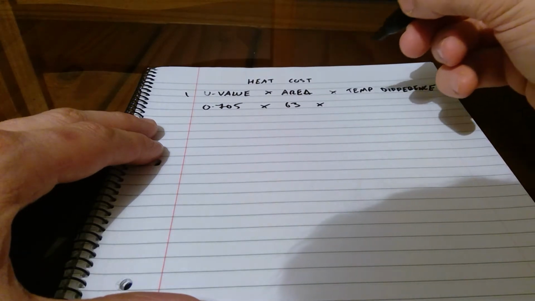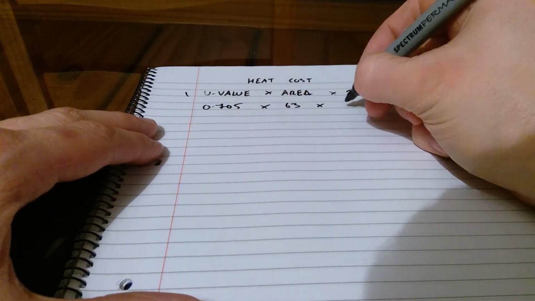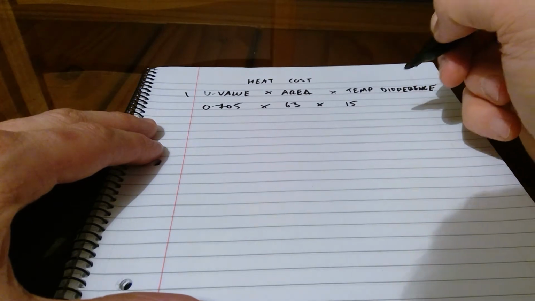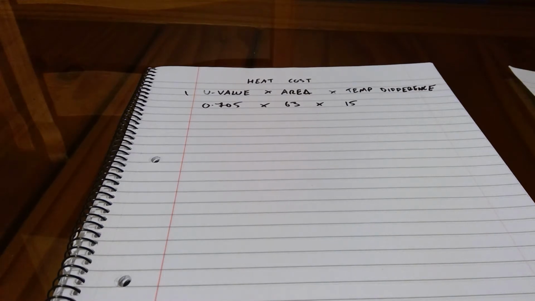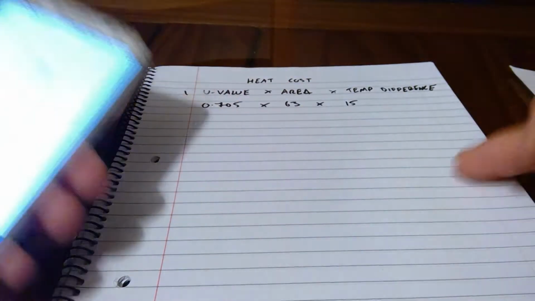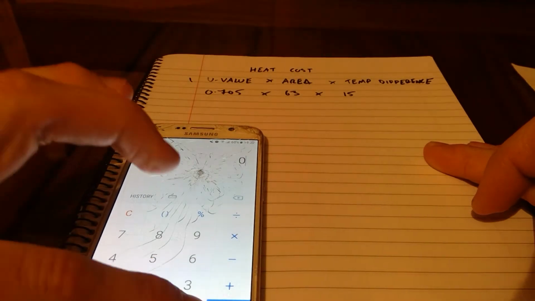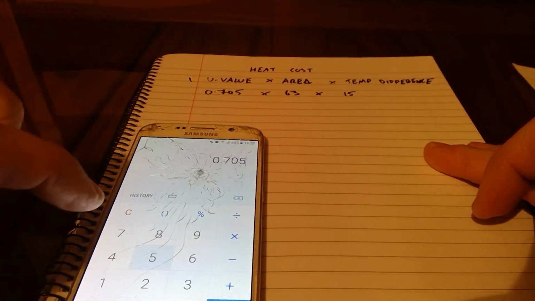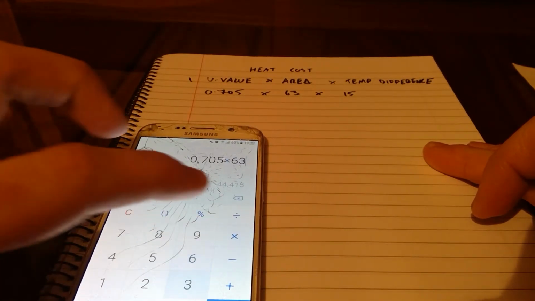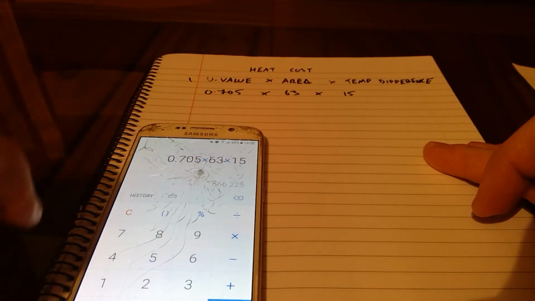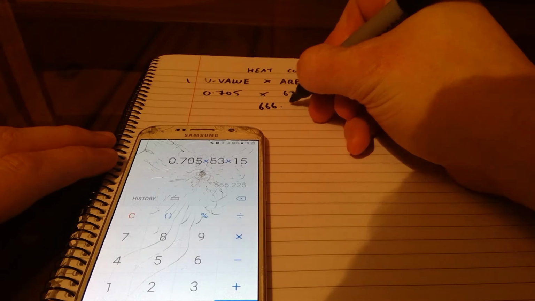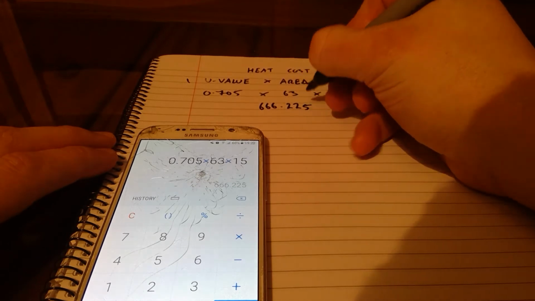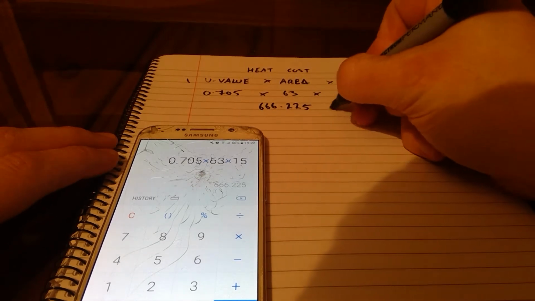And the temperature difference was 20 minus 5, which is 15. Okay, so we'll get our calculator and we will multiply those out. 0.705 multiplied by 63 multiplied by 15, and that gives us a total of 666.225 joules per second.